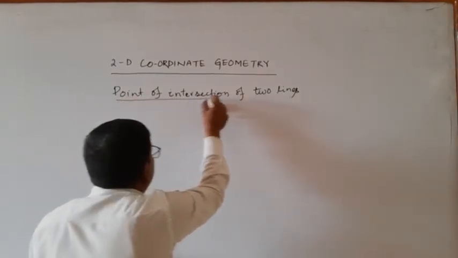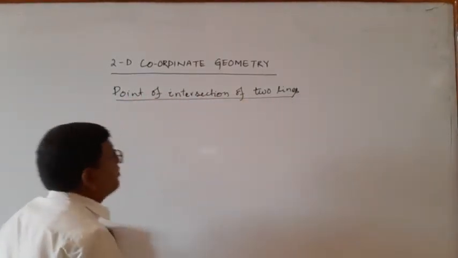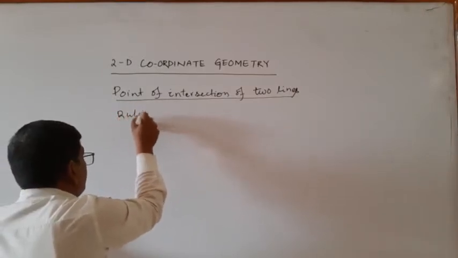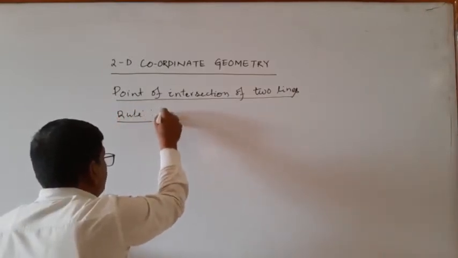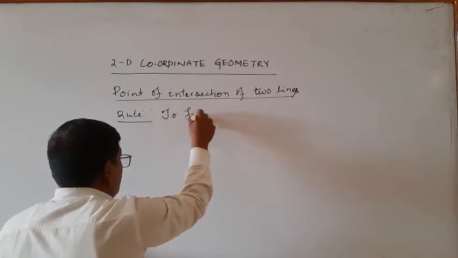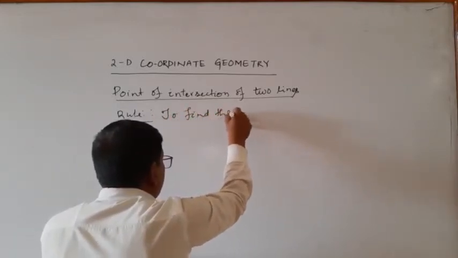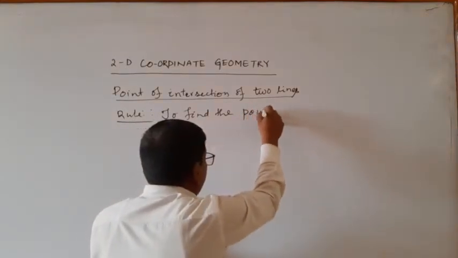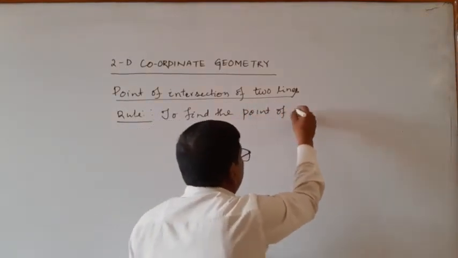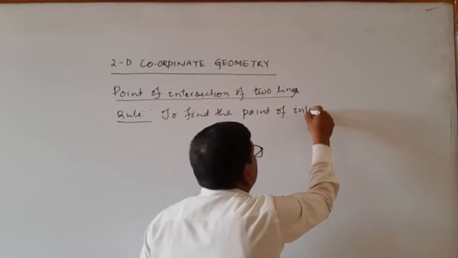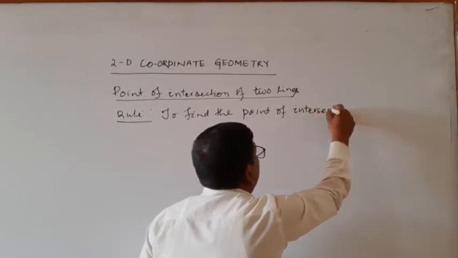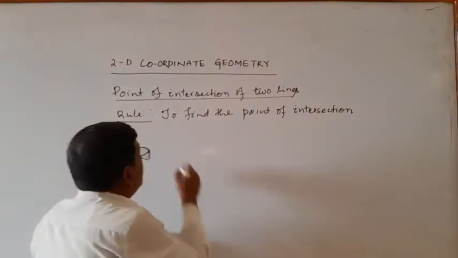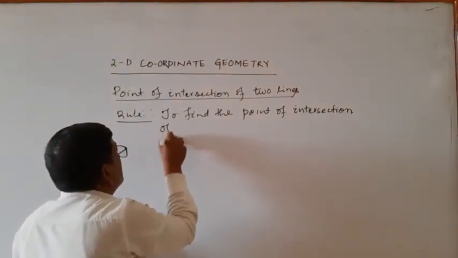The point of intersection of two lines can be obtained. What is the rule? The rule is to find the point of intersection of two lines.